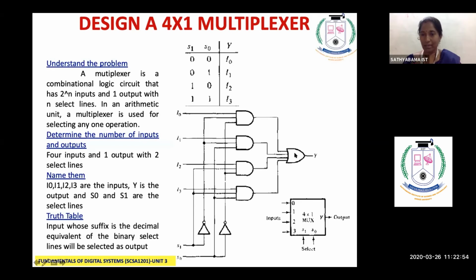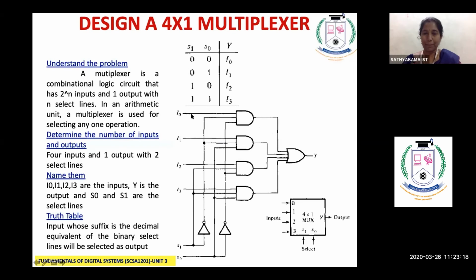In an OR gate, if all the inputs are zeros, then what will be the output? X plus 0 is what? X. Okay. Have you understood what I'm saying? In an AND gate, x dot 1 is equal to x. In an OR gate, x plus 0 is equal to x.